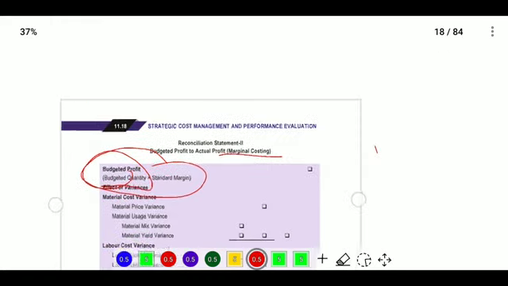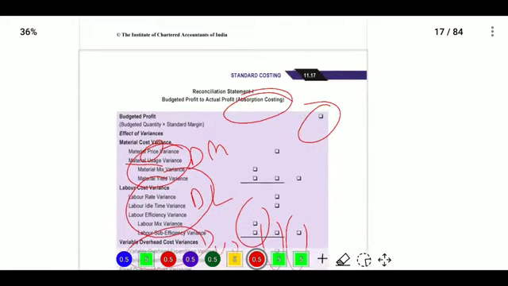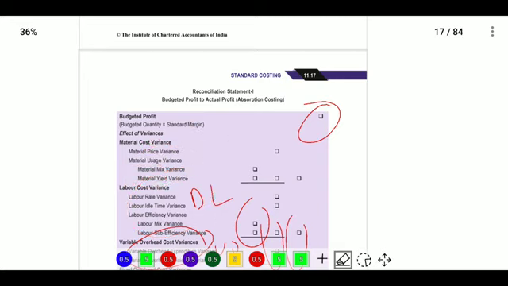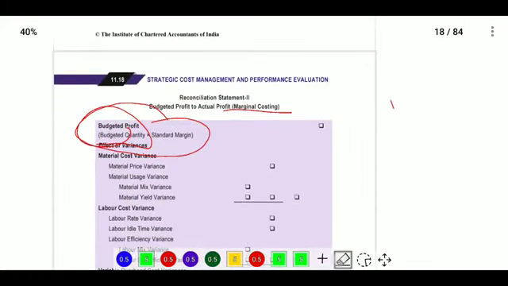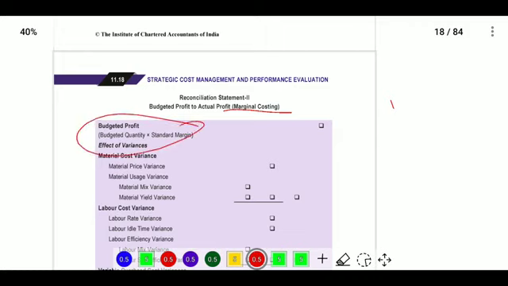So here in absorption costing, budgeted quantity into standard margin. I think they missed something here. Absorption means they will take actual quantity now.